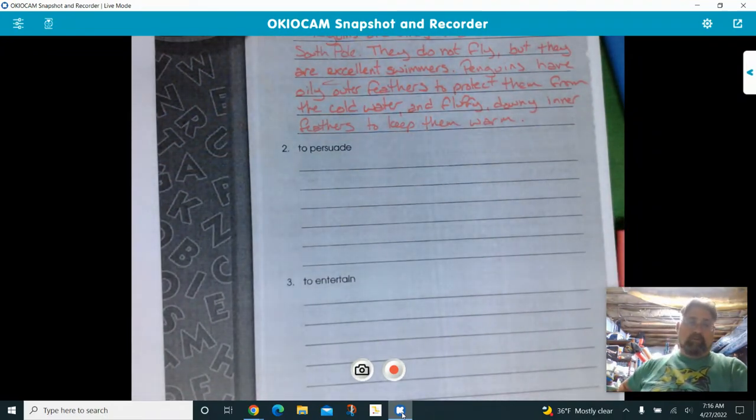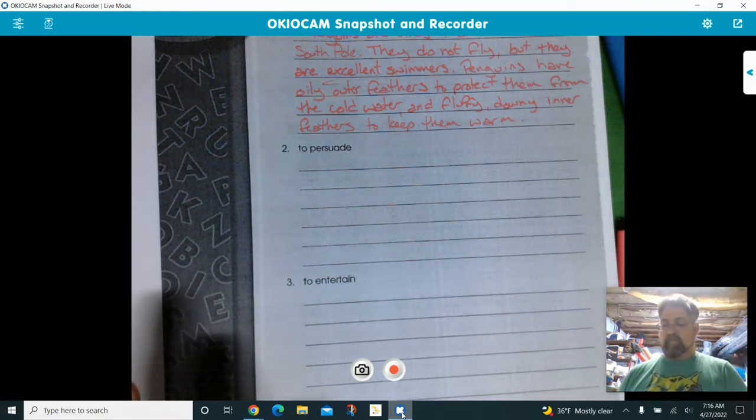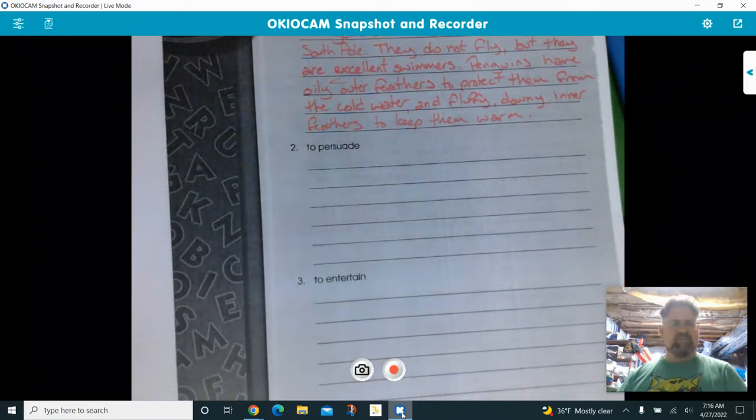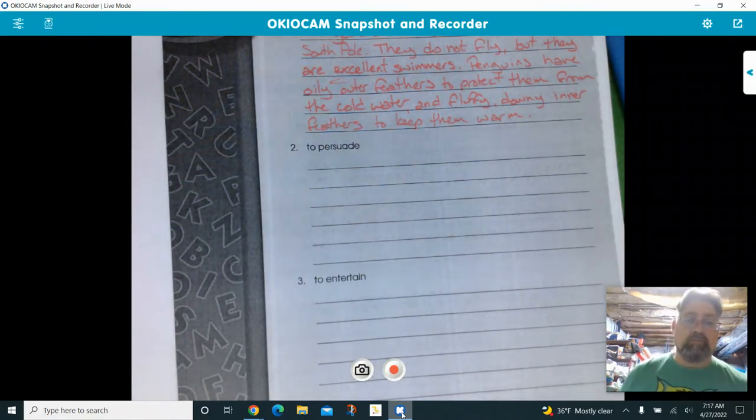Greta Thunberg, she is the teenager who has been talking to people for years now about, I don't know if she's a teenager anymore. She might be over 20. But anyway, she's been talking to people for a long time about climate change and protecting the environment. She's trying to persuade people to do something.